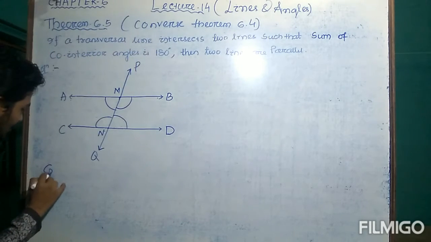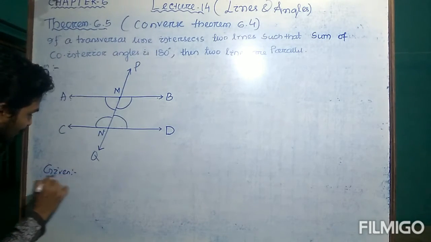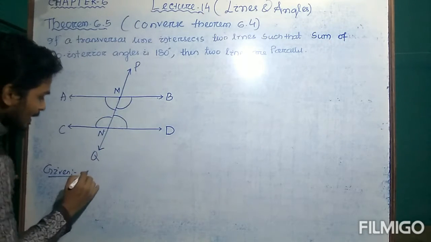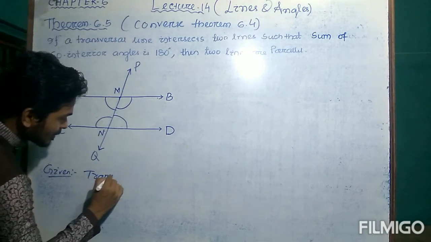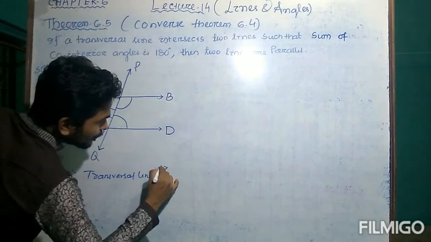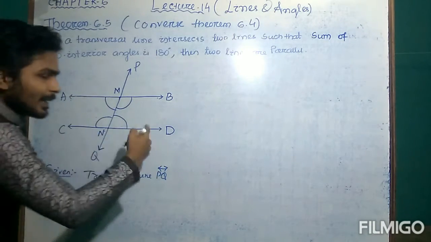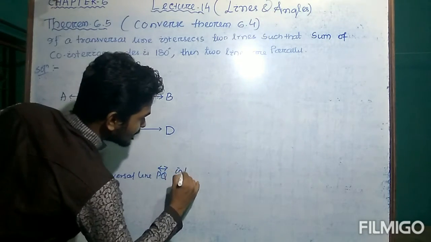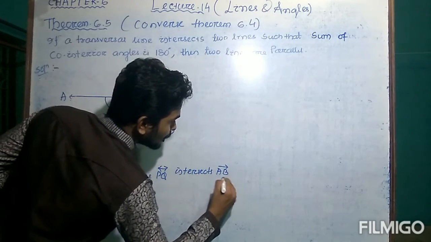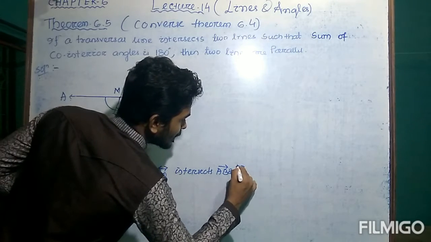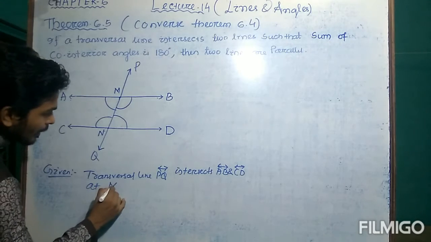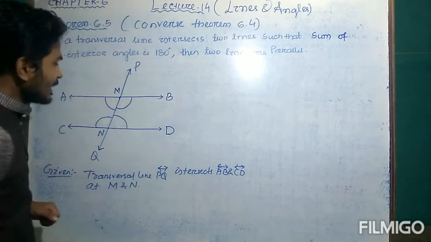So first write what is given in the statement. Okay, according to theorem 6.5, there is a transversal line PQ, transversal line PQ intersects the lines AB and CD at two distinct points, at M and N. Right?